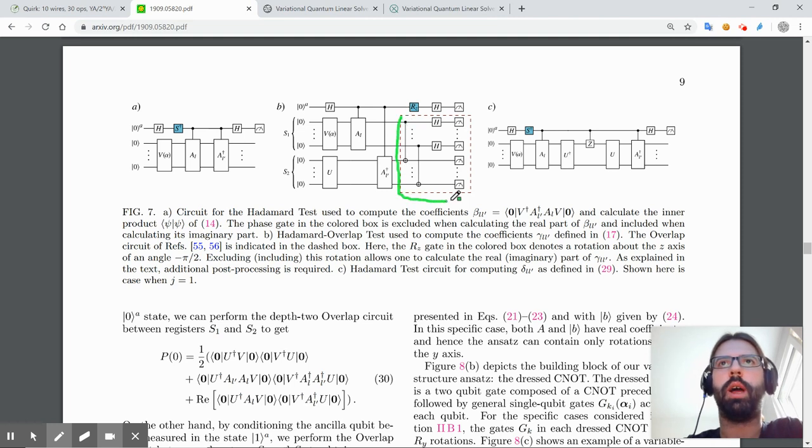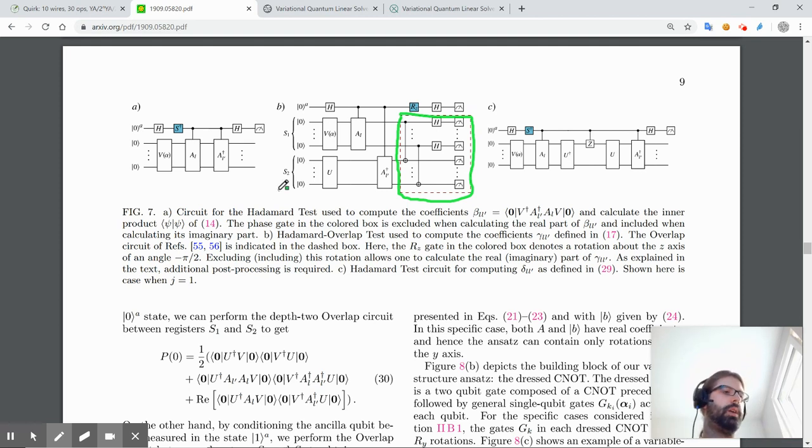So this is the overlap. Let's take a look at these, because to be honest, I think intuitively that's kind of what I would do in a stupid way if I would think about how to solve the problem. I would calculate, and it seems like that's what they're doing here, right?